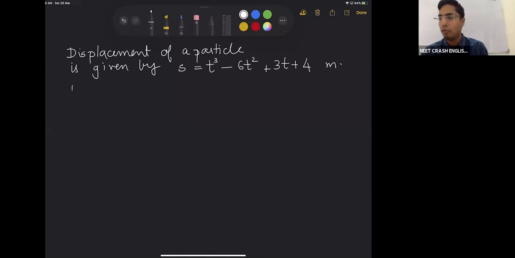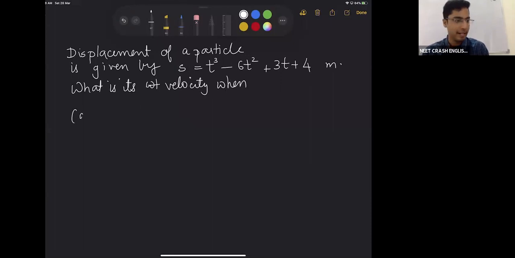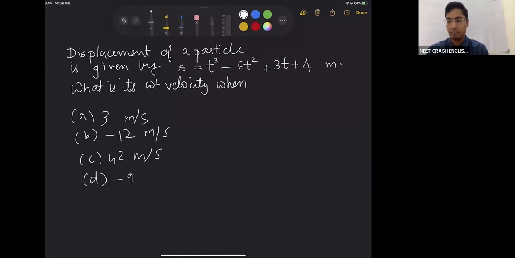What is its velocity when, let me write the options first, because otherwise you'll jump at the answer without reading it. When acceleration is 0. So it's a slightly tough problem, right? I wanted to do this carefully. I'm going to give you time for doing this, but do it carefully.